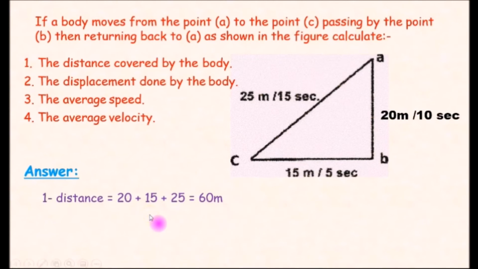Number 2, displacement equals 0. Why does it equal 0? Because there is no distance between the starting point and the ending point, as the starting point is A and the ending point is A too. So when the starting point is the same as the ending point, the displacement equals 0.